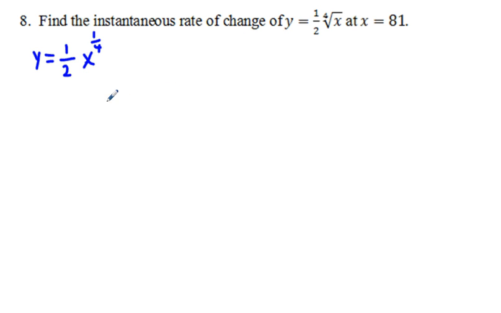So now we're going to differentiate. y prime equals, we multiply by 1/4, and we have 1/2, and we're going to have x to the power of 1/4 minus 4/4, which is going to be negative 3/4.